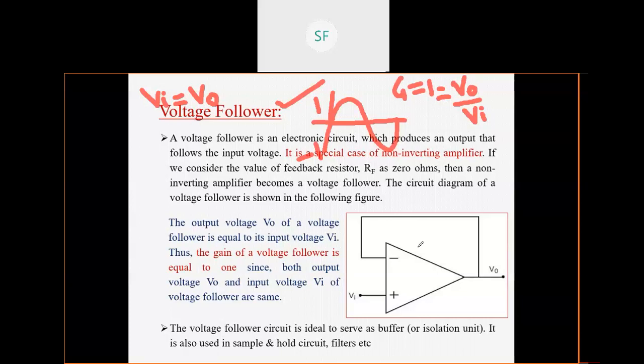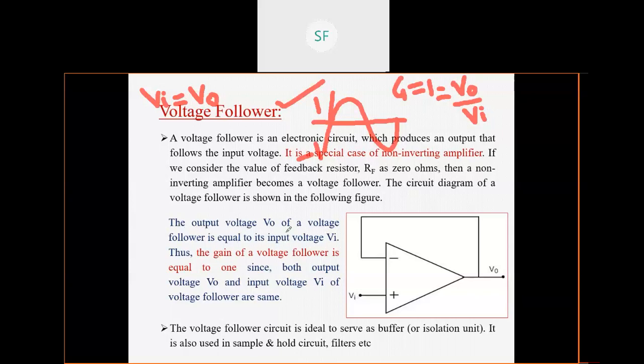Even if the input resistance R in has any value, you are least bothered about the value of R in, because once your RF becomes 0, since there is a direct connection and no resistor here, the gain of the non-inverting amplifier will become 1, and when the gain becomes 1, that means your input becomes equal to output. Okay, so the same thing I have explained here.